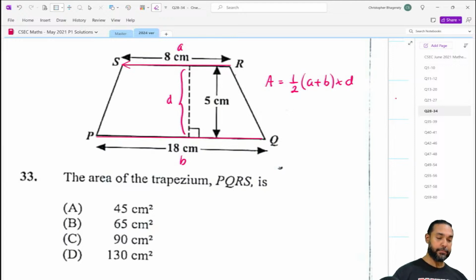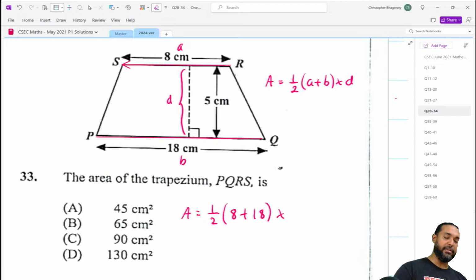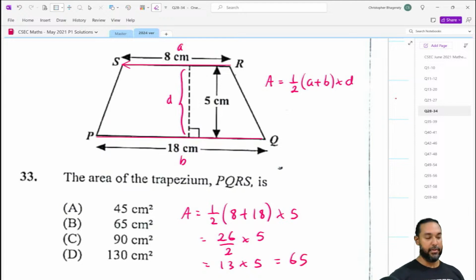If we plug the values into the equation, A plus B, then multiplied by D: 8 plus 18 is 26. So we have 26 over 2, then multiplied by 5. That's 13 by 5, which is 65. So it's B.